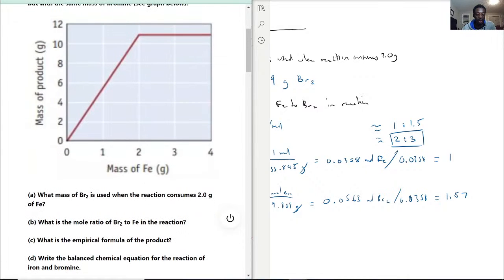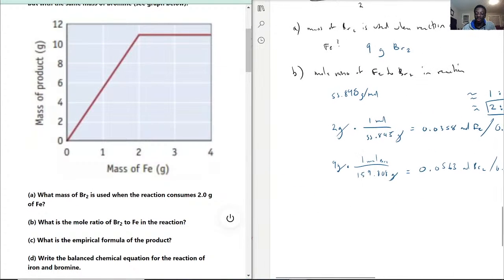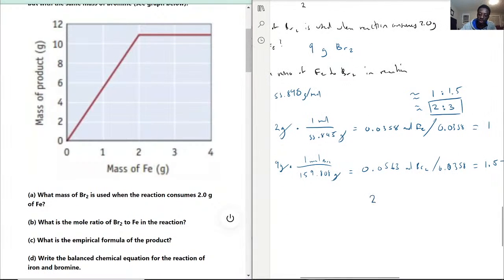So what is the empirical formula for this product? If for every 2 iron there are 3 Br2, that is 6 Br. So we have FeBr3. That is what we have here.